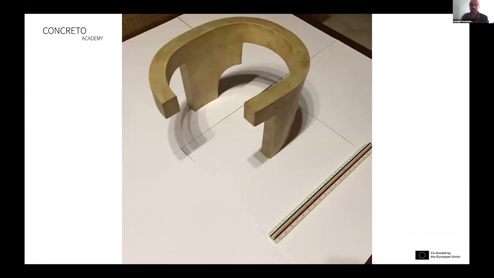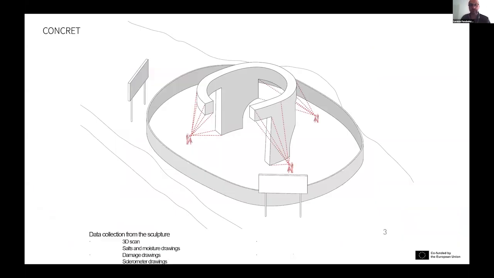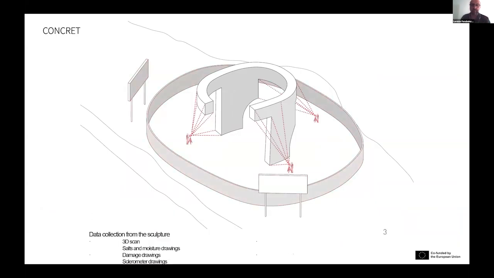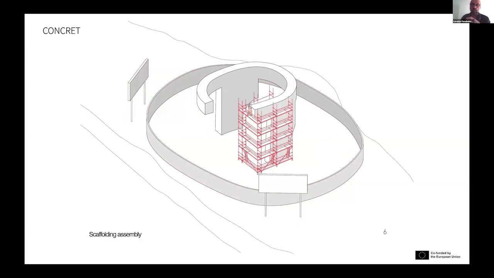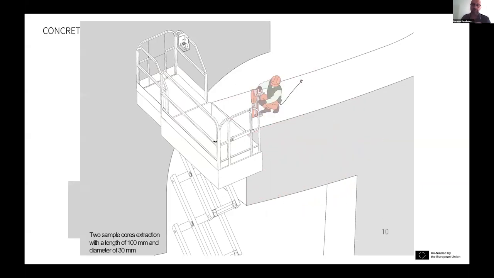This is like a model of the sculpture from the day they start, and this is just to show how we have to do all these drawings. So they publish it in the press. How we were going to do the fences, to do the 3D scannings, where we're going to do the drillings, how we were going to do it, where the bars are and the drilling.